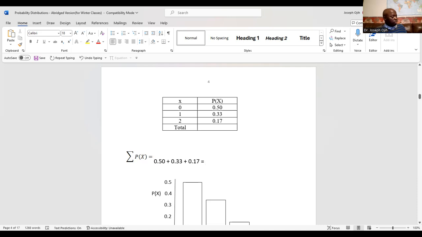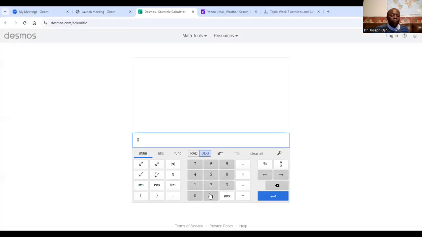Let's write this down so we can add it on the calculator. 0.50 plus 0.33 plus 0.17 gives me 1.